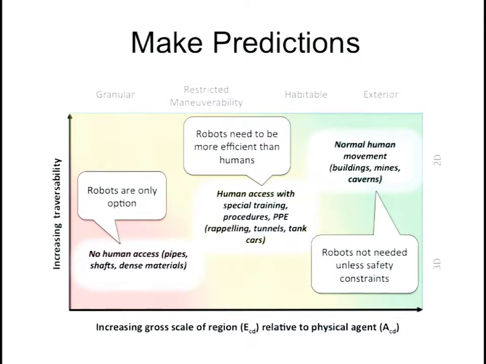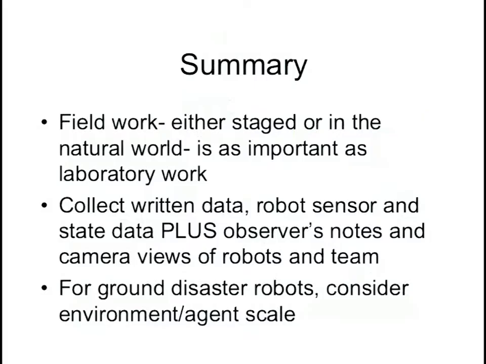So let me wrap up and get back to the field work and your regimes and the things that you are working on, and get back to what we're going to learn today from you. So in summary, field work, as you well know, it's incredibly important, whether it's in a staged world or in the natural world.